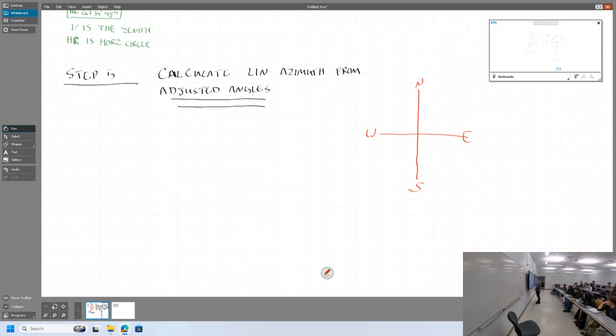Here is our point 1, and we sat here, said this is north, that's 0, 0, 0. We're going 186, 22, 23 on that first turn, somewhere like that.